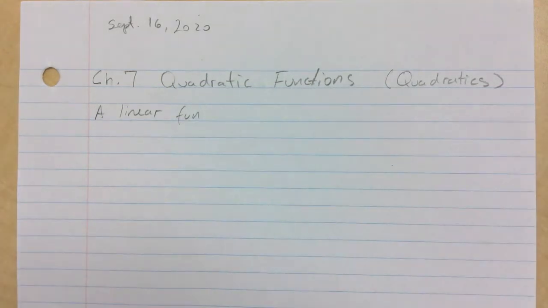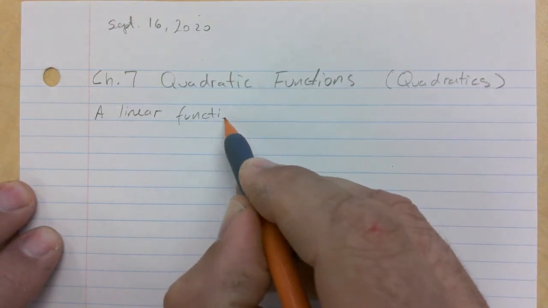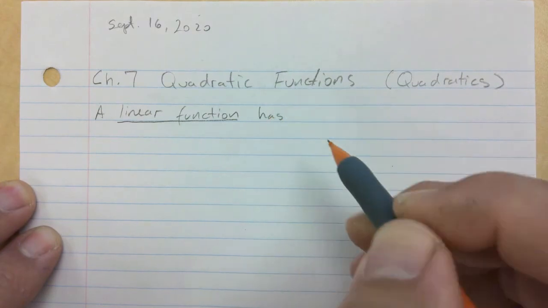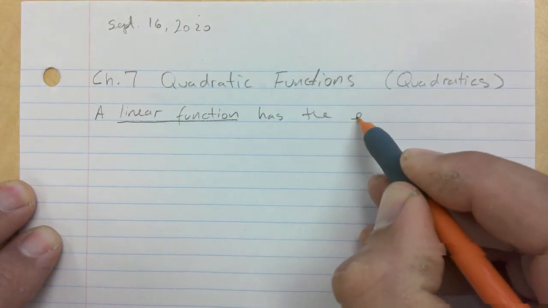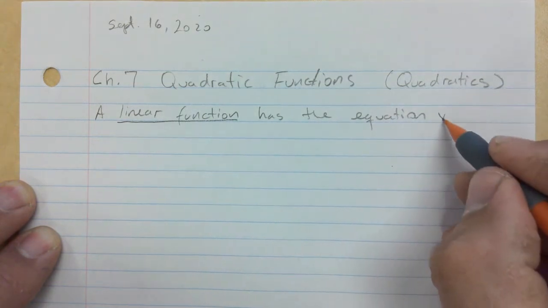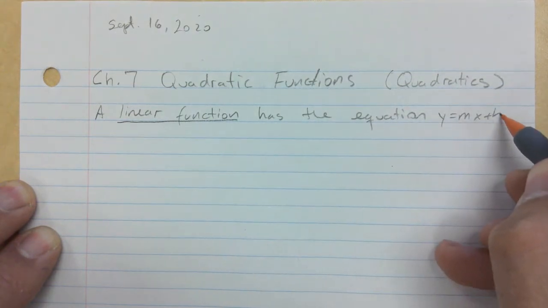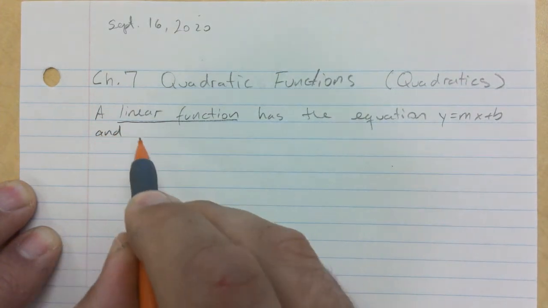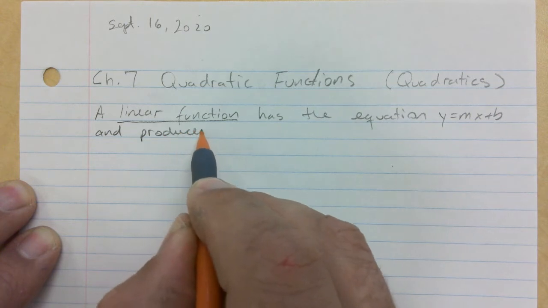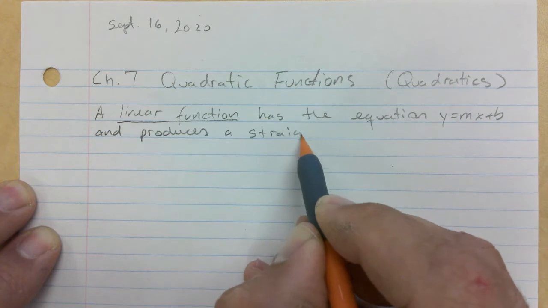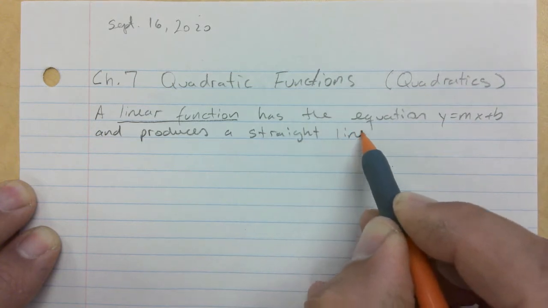Okay, so the linear function, which is what we started with, right? A linear function has the equation y equals mx plus b and produces a straight line.